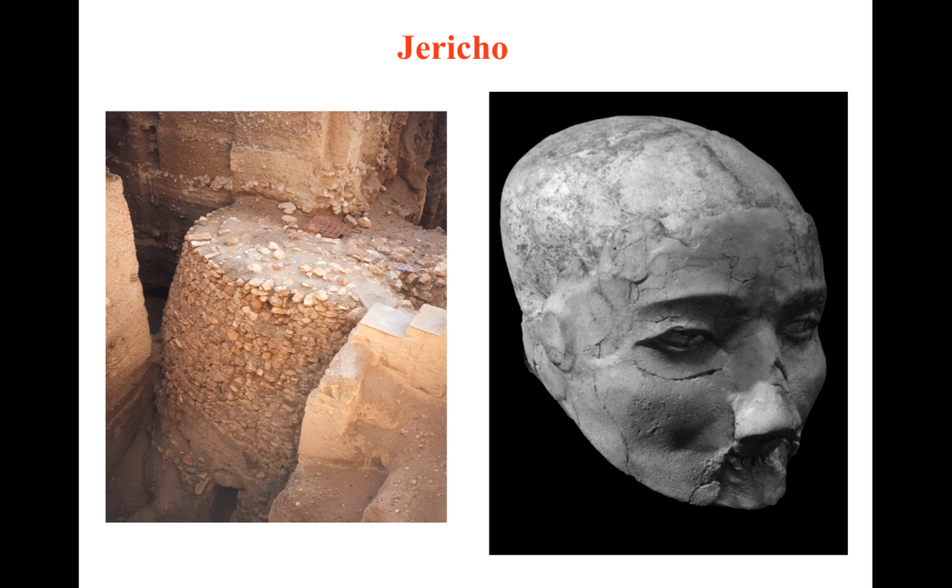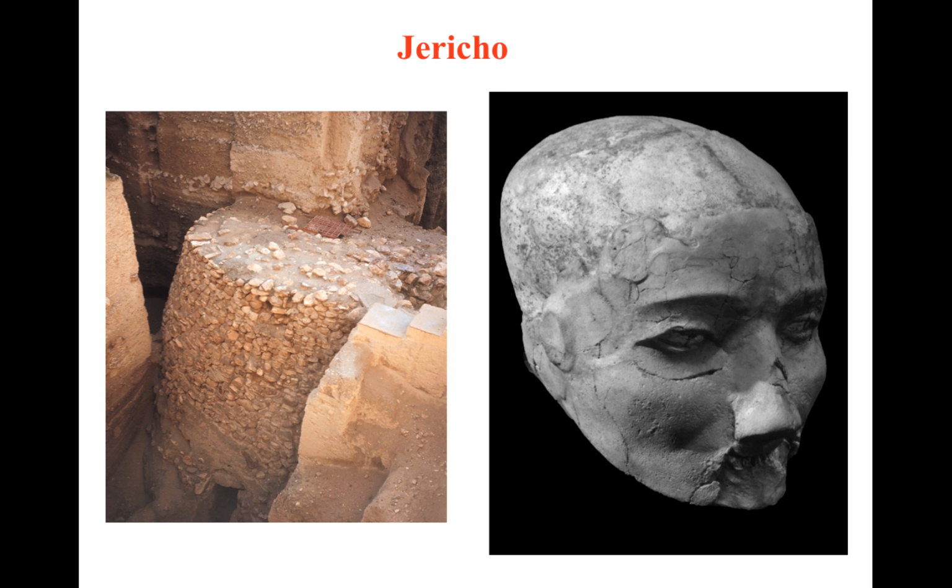So our next example, one of our first examples of a Neolithic settlement, is Jericho along the Jordan River Valley. This area underwent a lot of development around approximately 8,000 before the Common Era, and we have examples in our text of remains from approximately 7 through 6,000 before the Common Era.